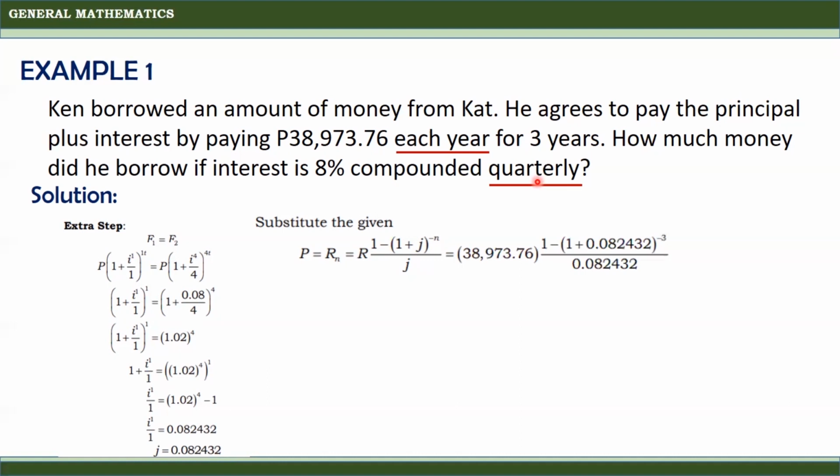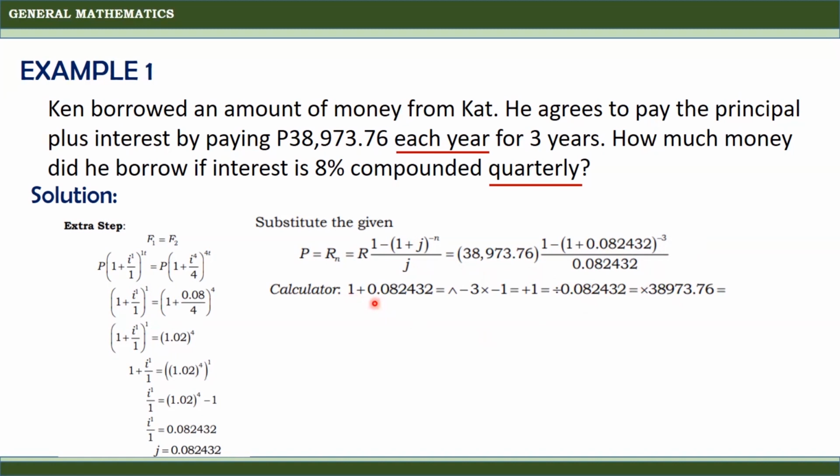Substituting those values on our formula, we will have 38,973.76 times 1 minus (1 + 0.082432) raised to negative 3, divided by 0.082432.